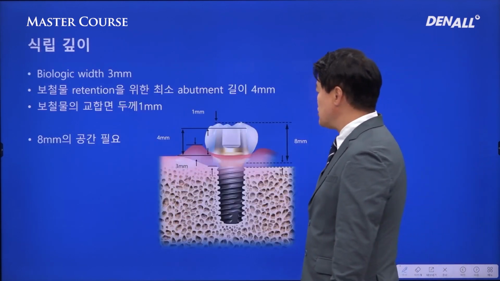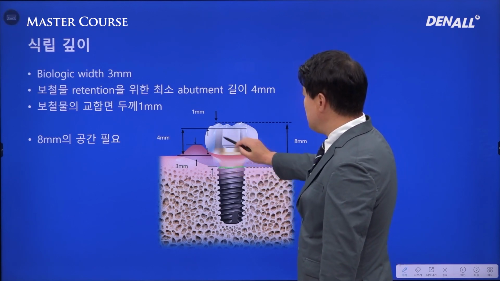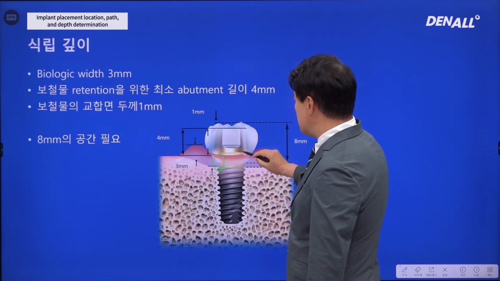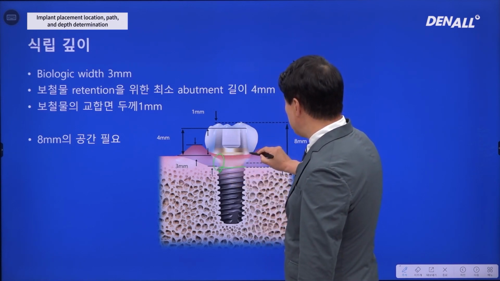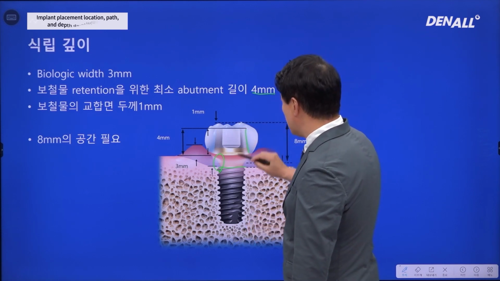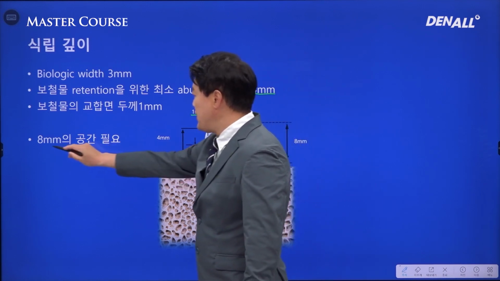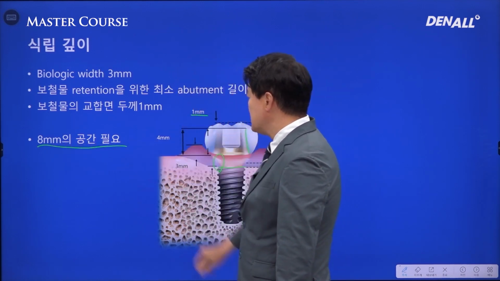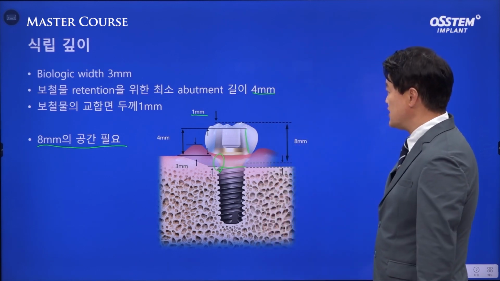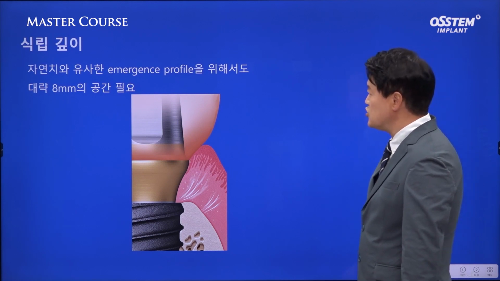In terms of placement depth, from the top of the implant, 3 millimeters of biologic width is required, and after that, for the retention of prosthesis, at least 4 millimeters of abutment length is required. Considering at least 1 millimeter occlusal thickness of the prosthesis, if you add the three numbers, 8 millimeter space is required. So this is considered in determining the depth of placement.